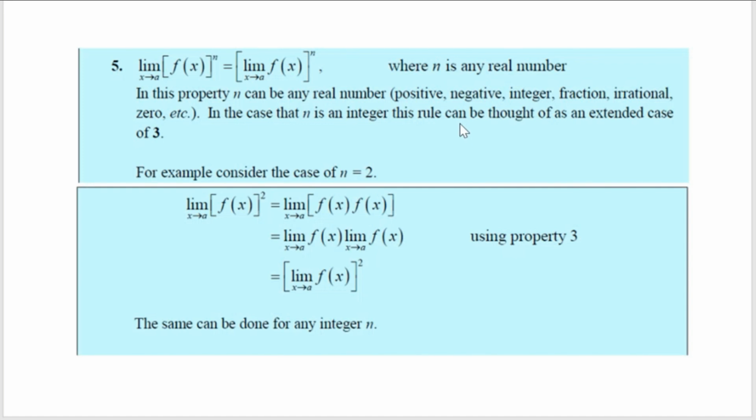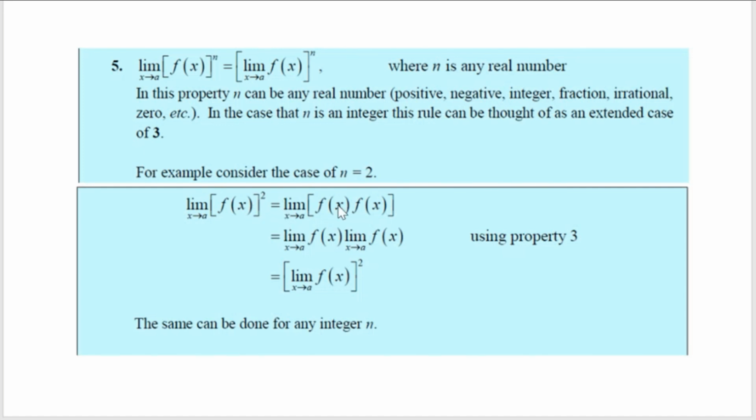In the case that n is an integer, this rule can be taught as an extended case of number 3. For example, consider the case of n equals 2. We have the limit of f of x as x approaches a raised to the power of 2. So we're just going to multiply f of x twice.